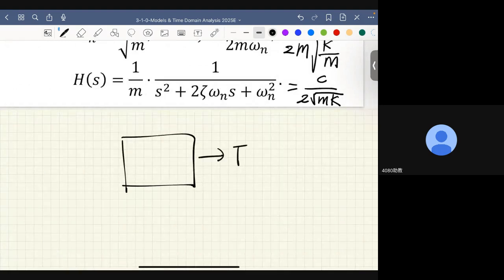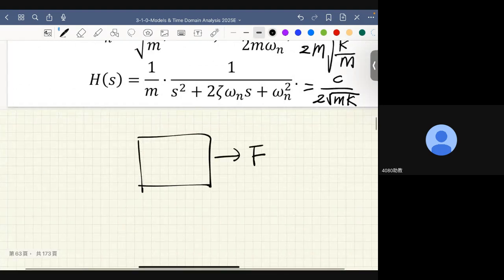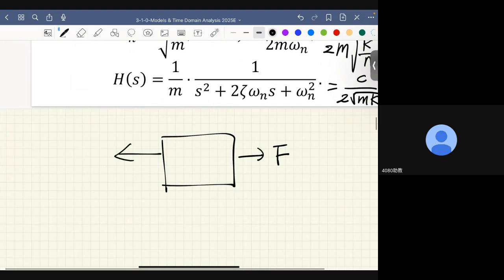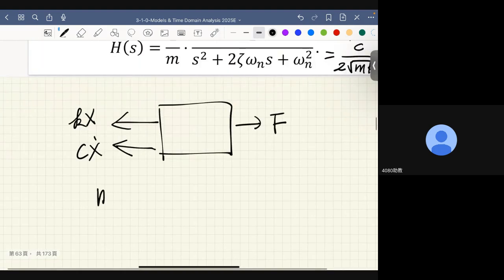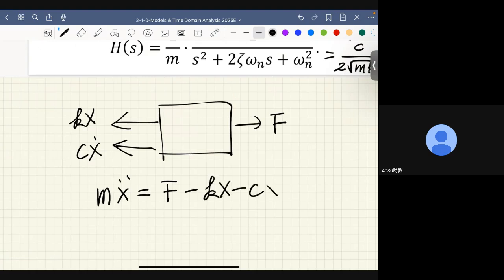One is the external force, the force we apply to the system. The other is the spring force. And the other is the damping force. And m x double dot is equal to f minus kx minus c x dot.